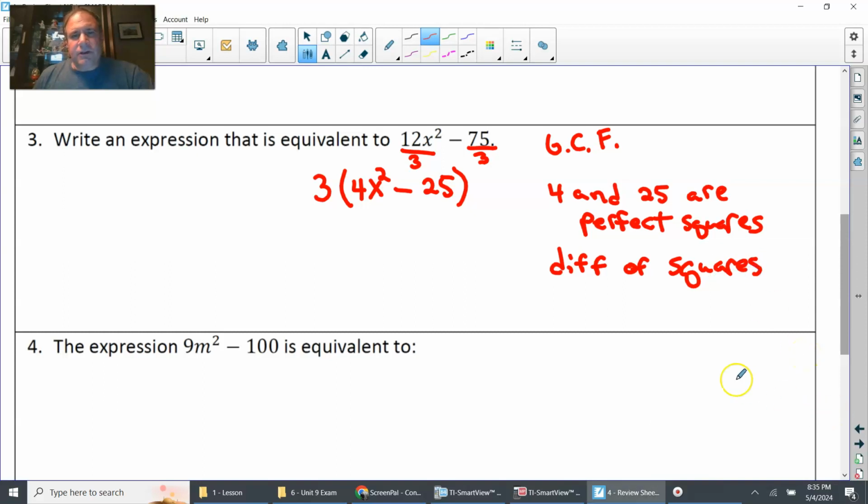All right, so we have 3, and we're going to set up two binomials for the difference of squares. What times what equals 4x squared? 2x times 2x. This is a plus, this is a minus. What times what equals negative 25? That is it. That is your final answer.